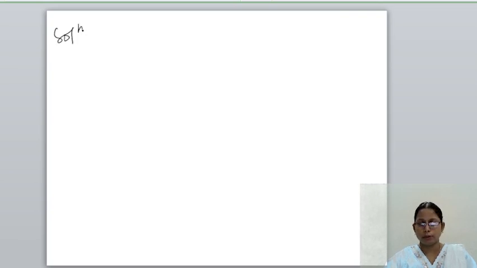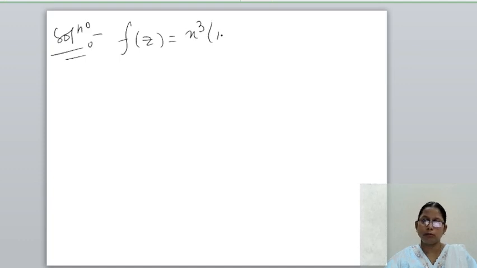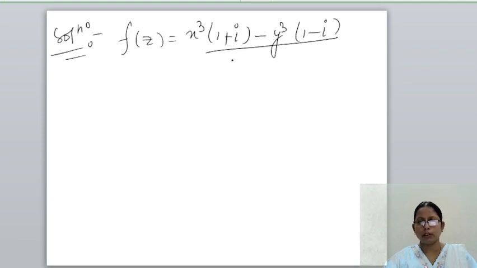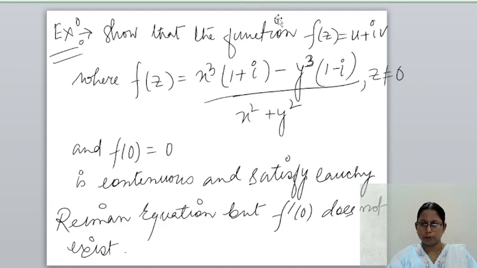Solution. Our given function is f(z) = (x³(1−i) − (1+i)y³)/(x²+y²). This is the given function.